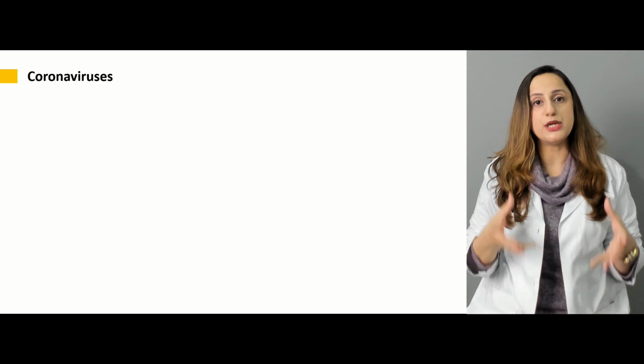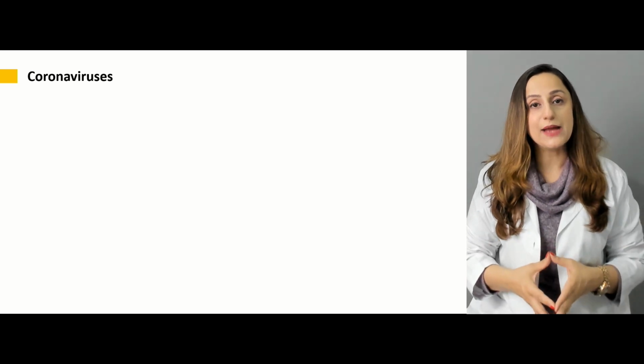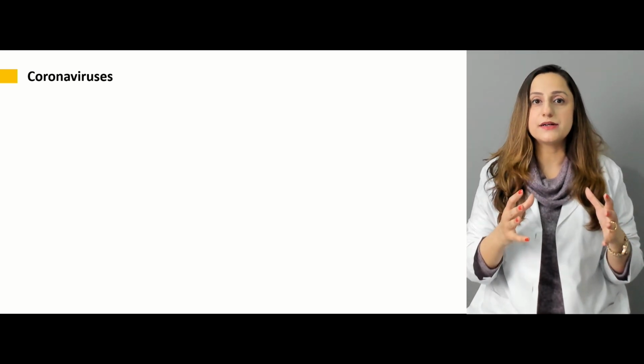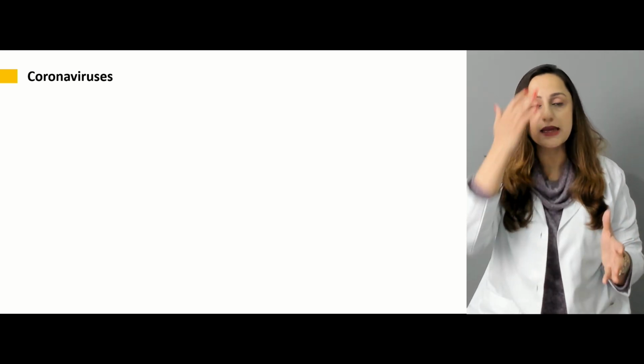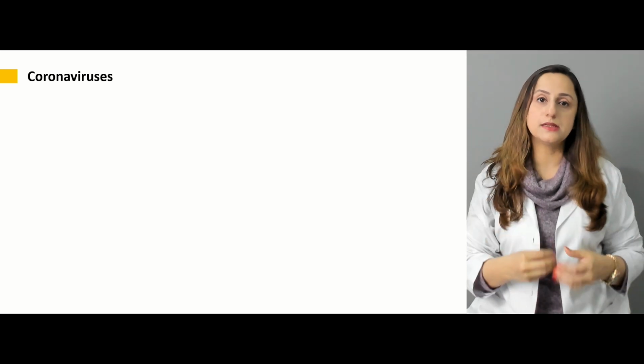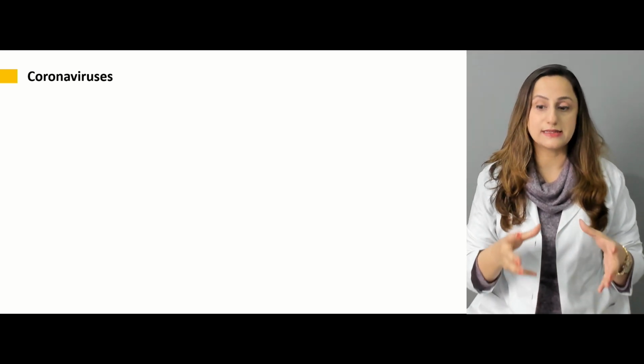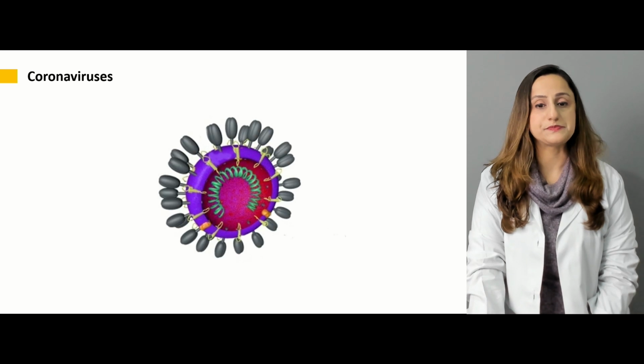Before we get into the major discussion of transmission, I would like to emphasize the structural qualities of this virus that we're dealing with. What are the typical structural qualities of this coronavirus?